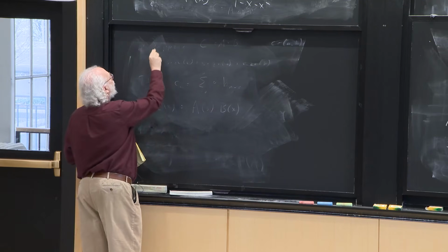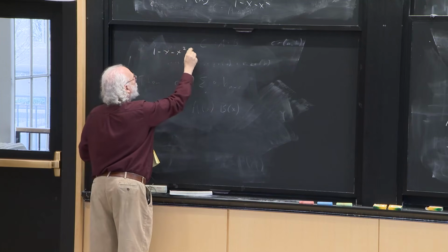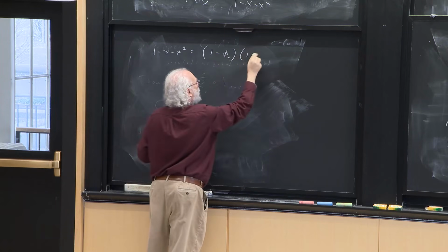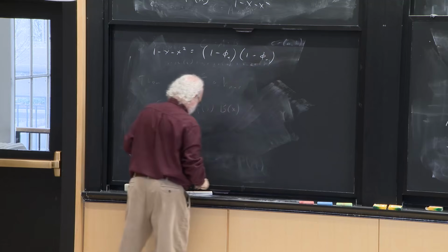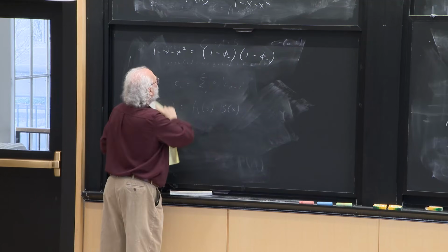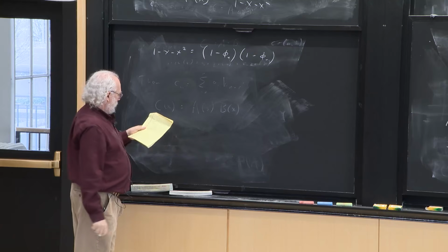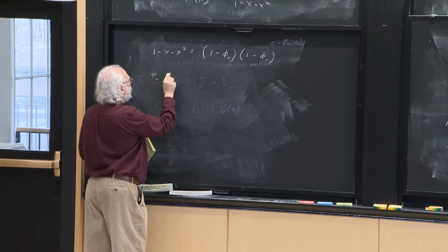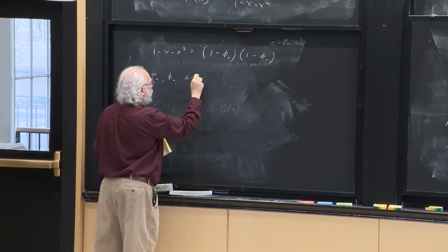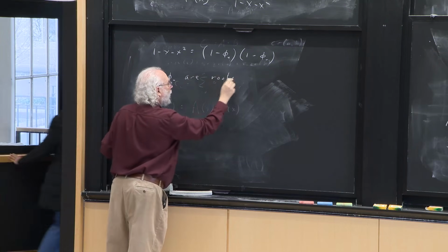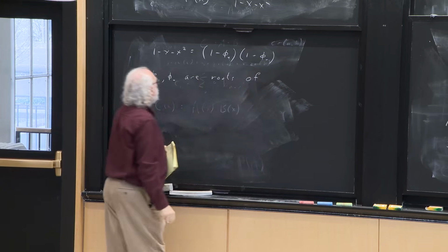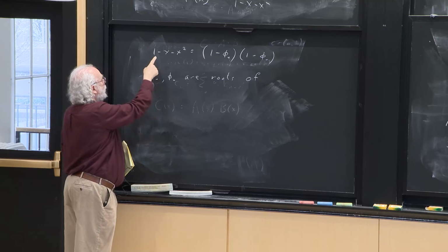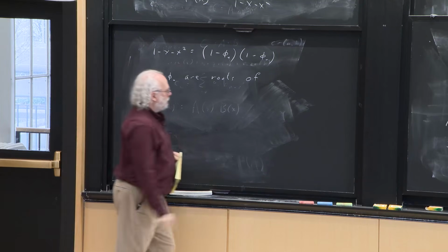We say 1 minus x minus x squared is equal to (1 minus phi plus x) times (1 minus phi minus x). Reverse the order of these coefficients and say y squared minus y minus 1.